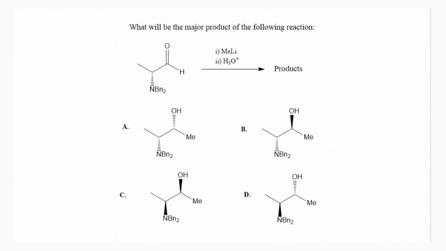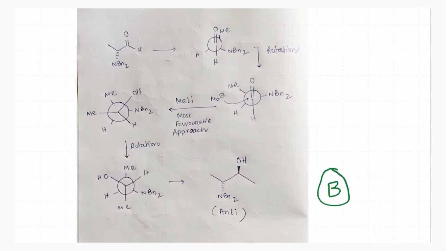Now, in order to answer this question, we first need to understand that we need to use the Felkin-Ahn model for prediction. For this, you first need to draw the starting material in the right orientation.